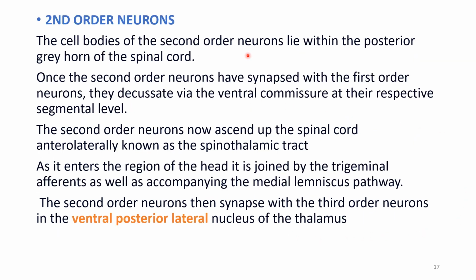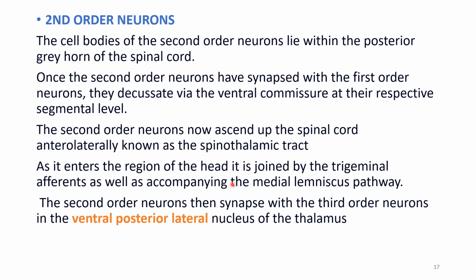So second order neurons will start in the posterior gray horn of the spinal cord, and they will cross or decussate via the ventral commissure at the same segmental level. Then the second order neurons will ascend in the spinal cord anterolaterally, known as the spinothalamic tract.